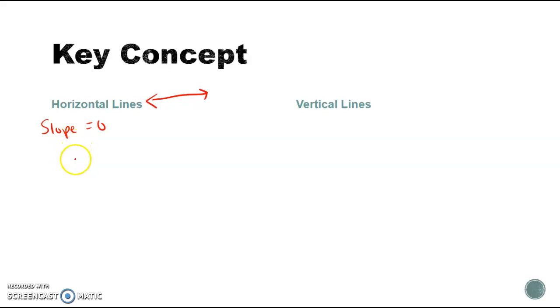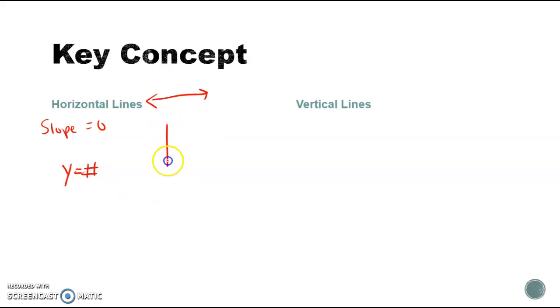Our equations for horizontal lines, so if we're going left and right, think about the fact that they are going through one y value and one y value only. So when we write equations of horizontal lines, it's going to be y equals, and then whatever number we're going through the y value at.